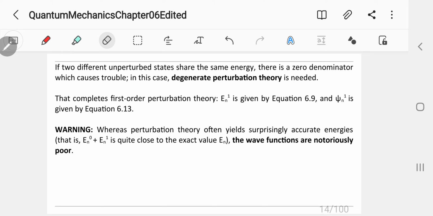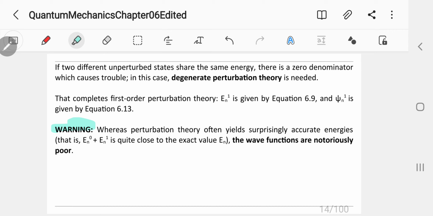So here there's a warning. Perturbation theory often yields surprisingly accurate energies, but the wave functions are notoriously poor.